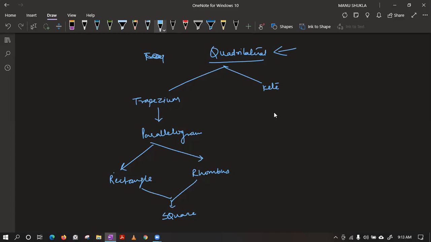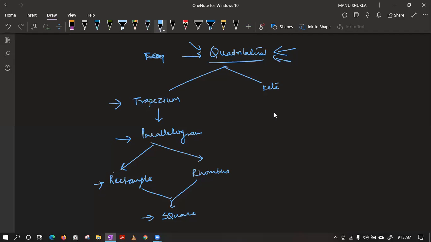Quadrilateral is the first member of this family tree, or you can say the first generation or the parent generation. Then we have the second generation as trapezium and kite. After that we have parallelogram. After that we have rectangle and rhombus, and then finally we have square, having all the properties.